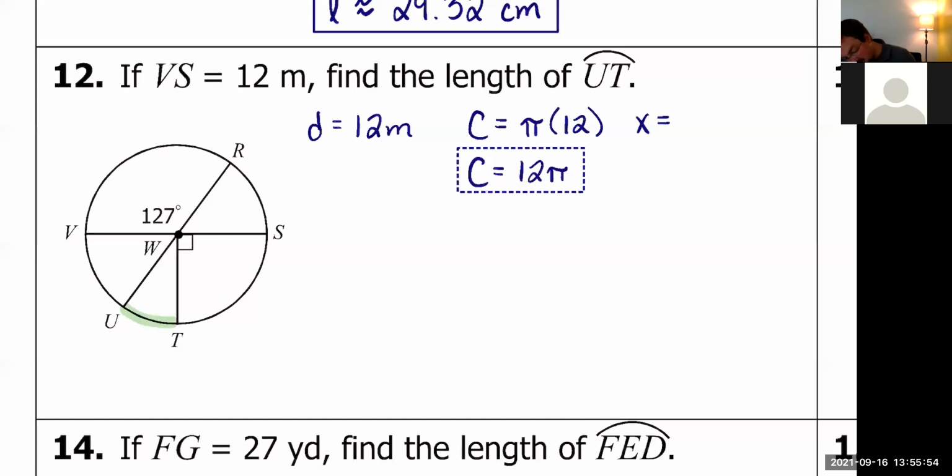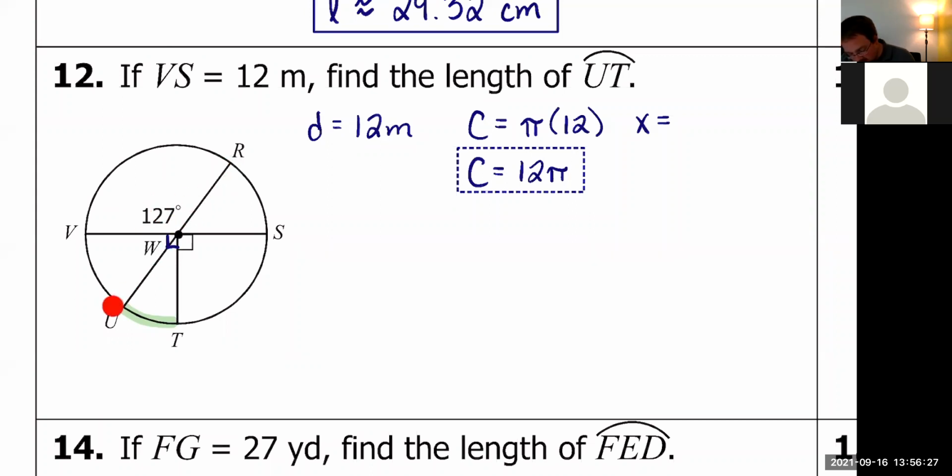Well, if I look at this, I see a 90-degree angle with SWT, which by proxy then means angle VWT is also 90 degrees. We also don't know angle VWU. But I could find it relatively quickly because I have 127 degrees right here.